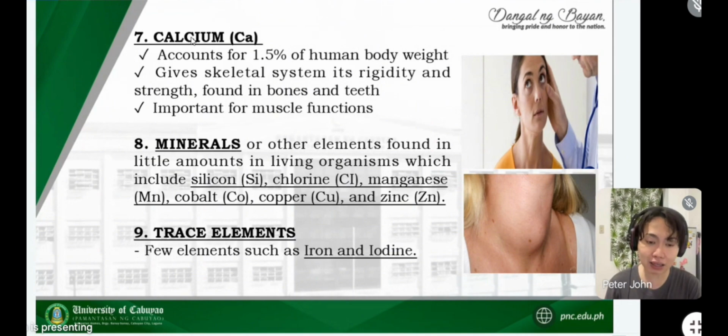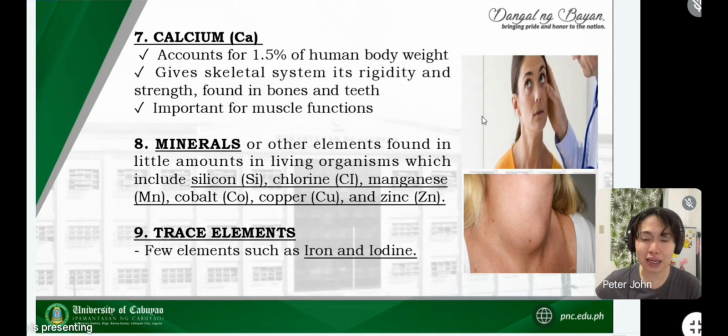And last, we have the trace elements. Few elements such as iron and iodine. So, itong dalawang elements na to, they are trace. They are supposedly sobrang unti lang sa katawan natin. So, kung napapansin nyo naman, iron. This one in the picture, you can see a girl na parang walang kulay or walang kabuhay-buhay. Kasi nga, due to lack of iron sa katawan natin.